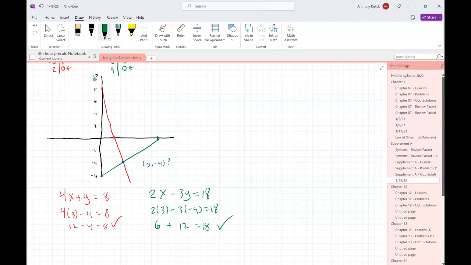It satisfies the second equation. So I'm pretty positive that my answer is 3, -4.